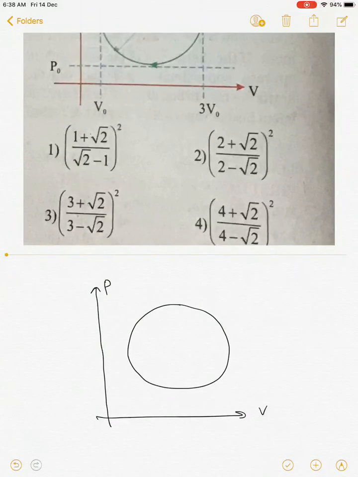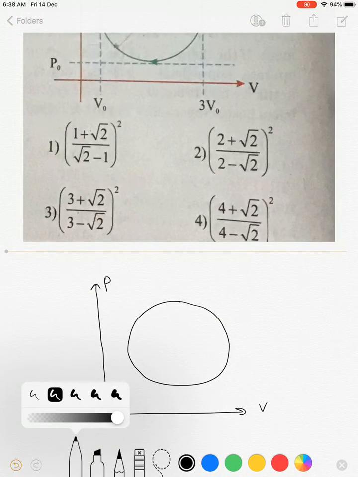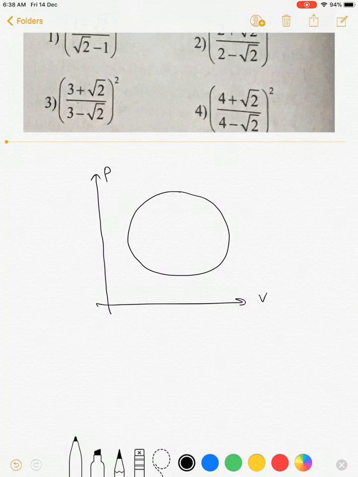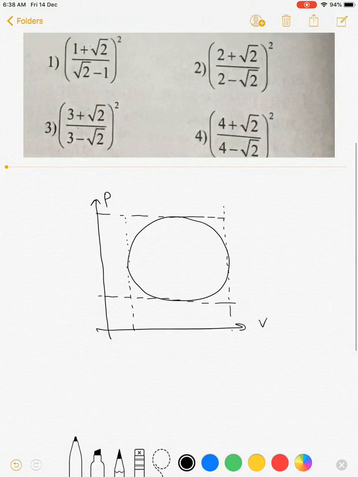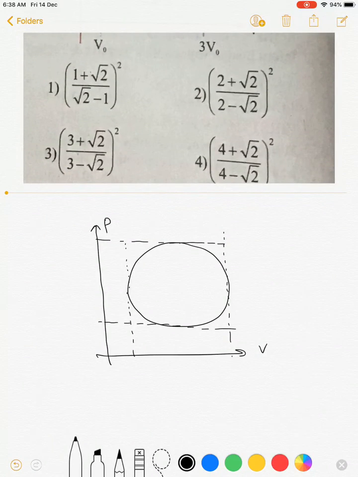According to the given diagram, we can observe that the value of pressure over here is represented by P naught, and over here it is represented by 3P naught.